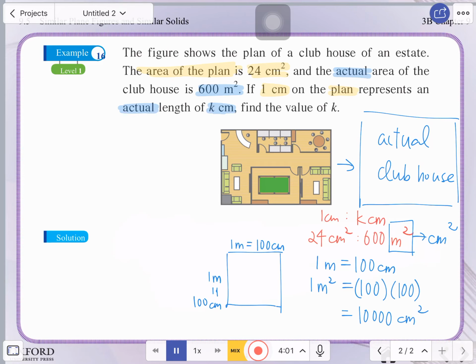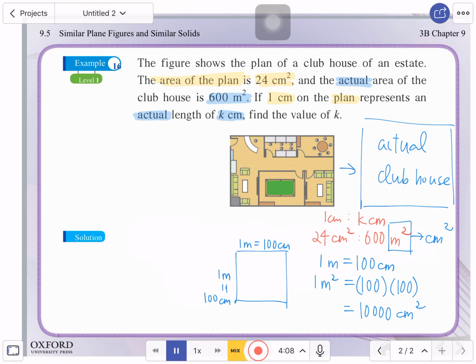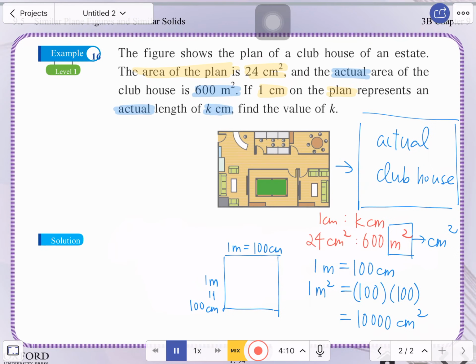One common error is to think that 1 meter square equals 100 cm square only. No. Using this square example to help you, you can understand that 1 meter square is 100 times 100. It is 10,000 cm square indeed, not 100.